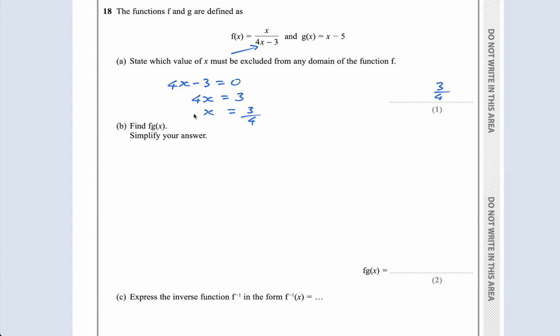Okay, f of g of x means we're going to put g of x into f. So f g of x is equal to, instead of x, I'm going to put x minus 5. So here, let me use a color. Instead of x, I'm going to put x minus 5, and instead of this x, I'm going to put x minus 5.